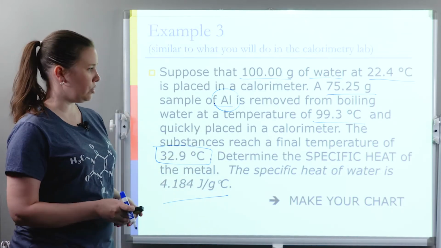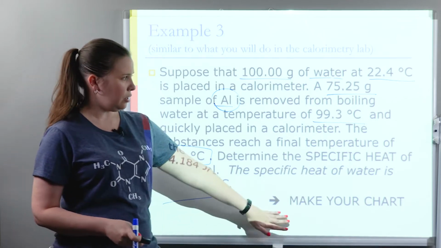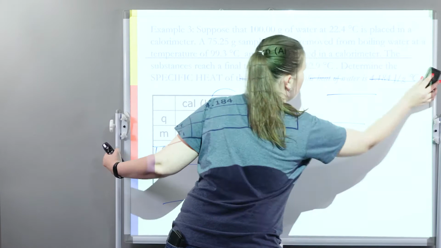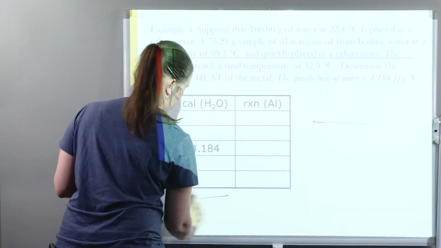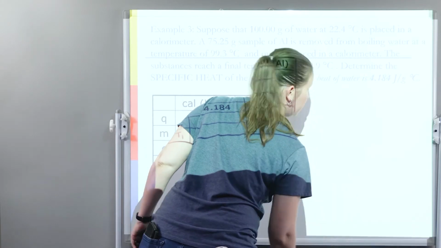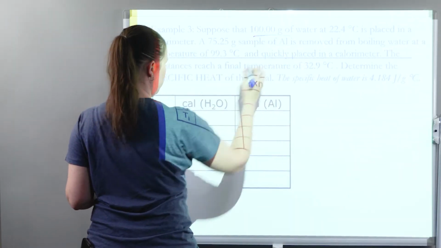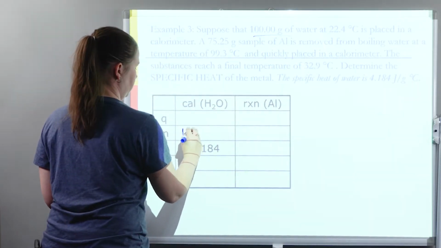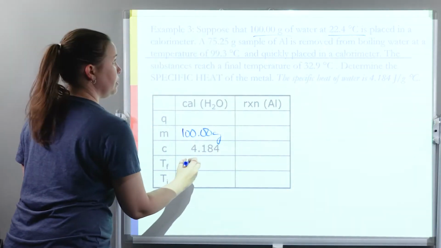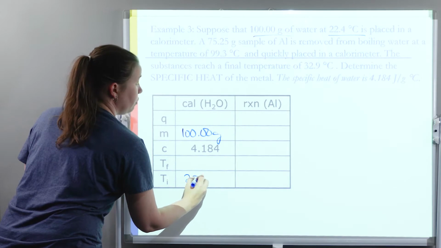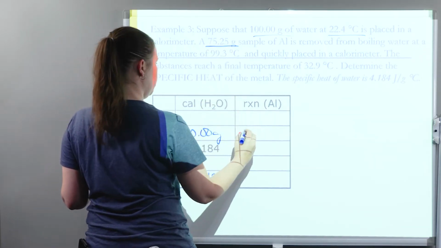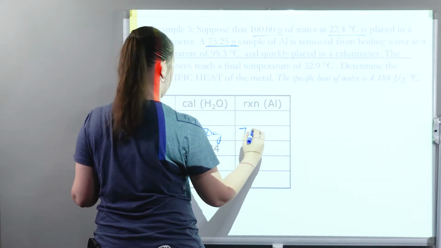Let's go ahead and show those numbers that we just talked about plugged into our chart. So we had our 100 grams of water as the mass of water. We had the 22.4 degrees Celsius as our initial temperature of the water. We had our 75.25 grams as our mass of the metal.